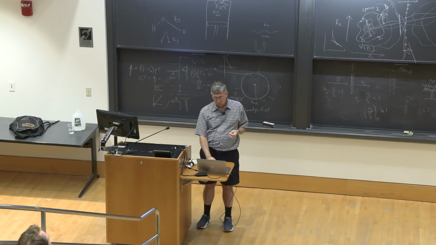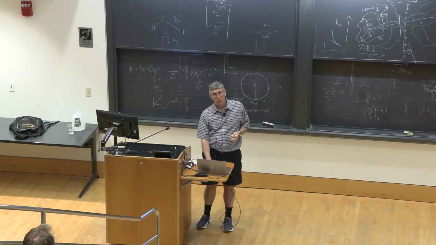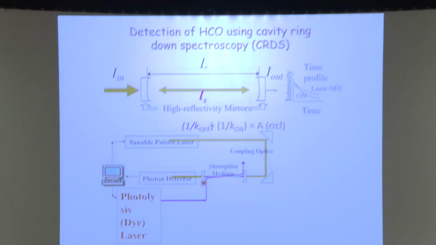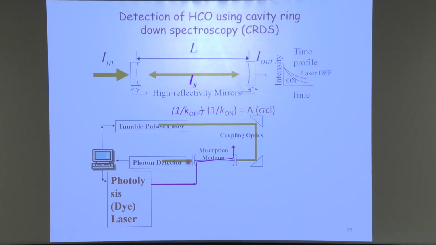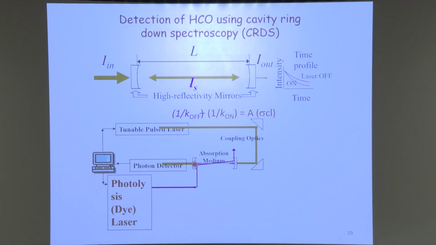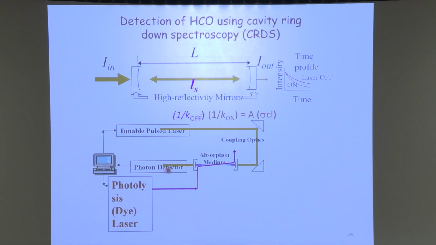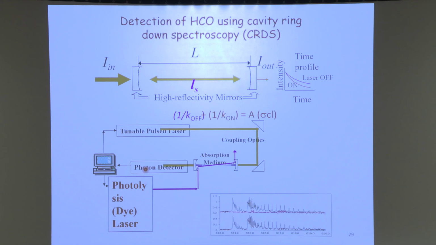But if you do a very low illumination experiment like this, where you have an extremely good mirror, not much light goes through that mirror because almost all of it's reflected. And so the amount that's coming through is so low that you have to use a detector, a photon counter. But you can tune this wavelength, and you can actually get the actual spectrum of HCO from that.